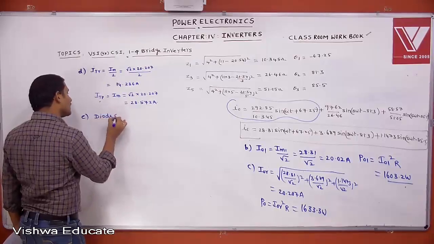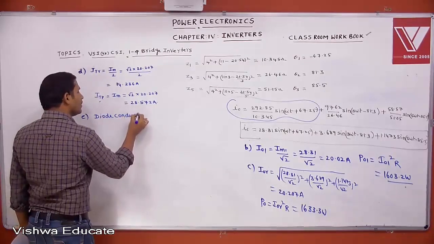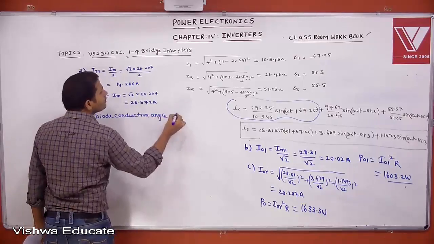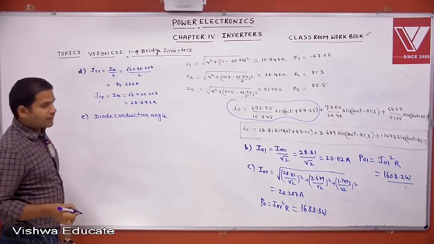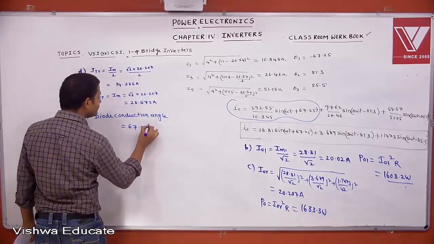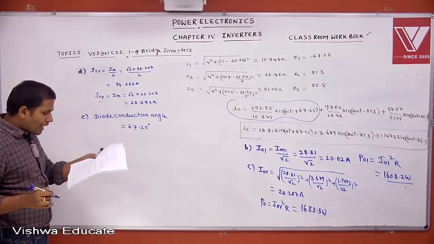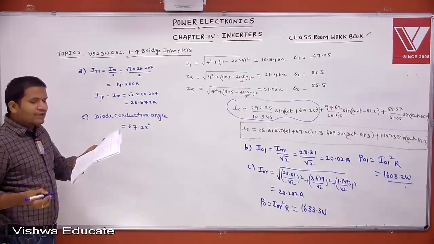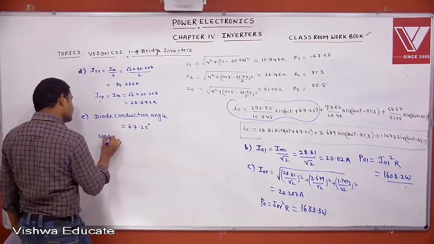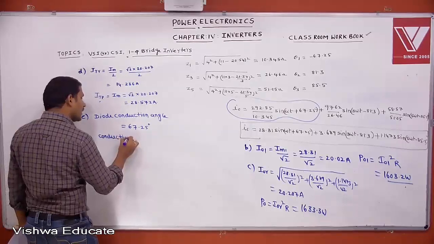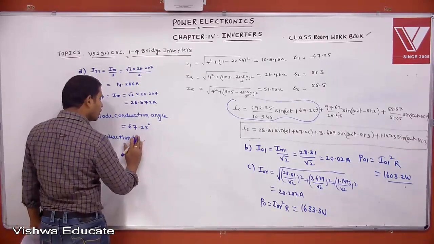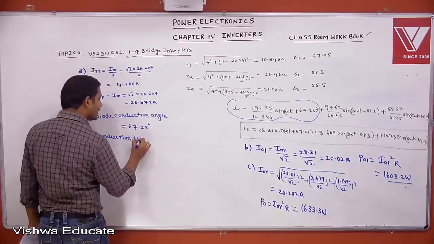Diode conduction angle: 67.25 degrees. You want to calculate the conduction time. Then what is the time? Conduction time of diode. How to get time? That I told so many times.